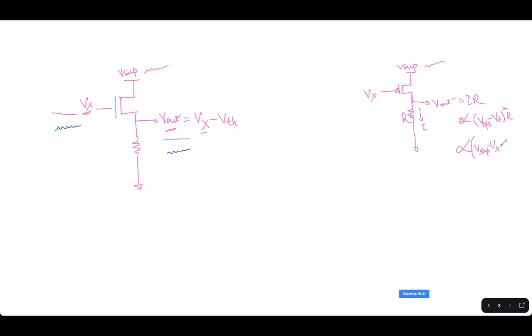It is VSUP minus Vx minus VTH, whole square, times R. If VSUP has noise, and Vx is clean, VTH is clean, what happens? The current I is going to have some noise because of VSUP, and hence Vout will have some noise.